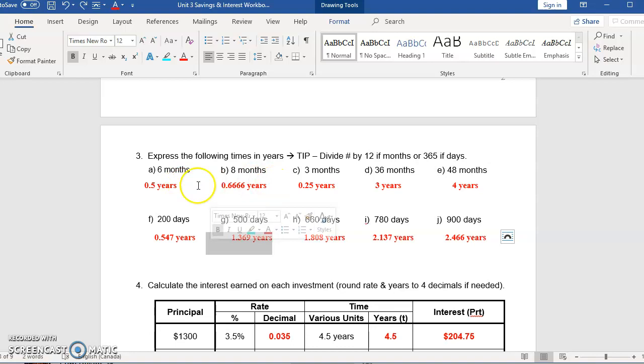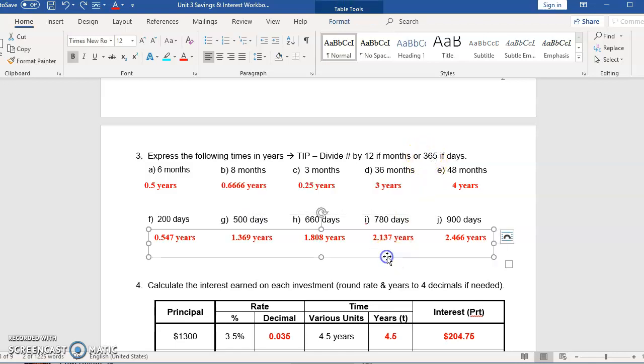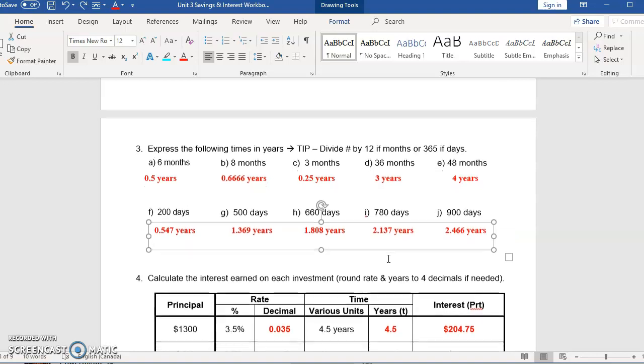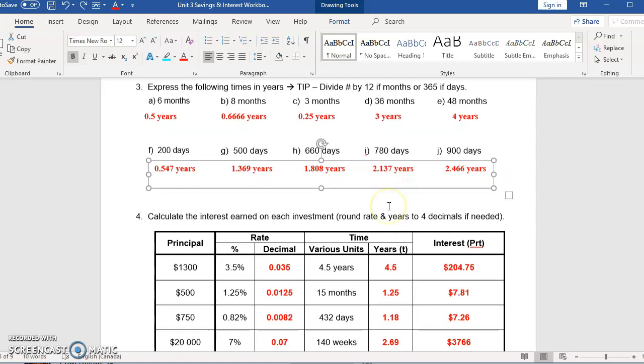How did I get those numbers? 6 divided by 12 is 0.5. 500 divided by 365 is 1.369. That's how I did it, right? How many days I have divided by the amount of days in a year tells me how many years those days represent. So just be able to convert days or months into years.